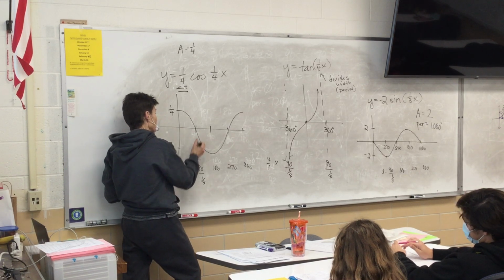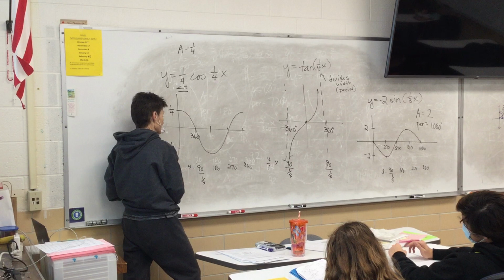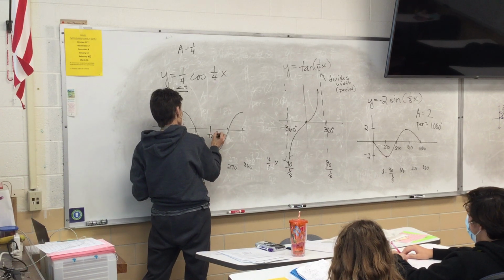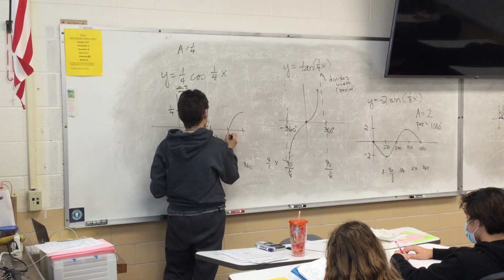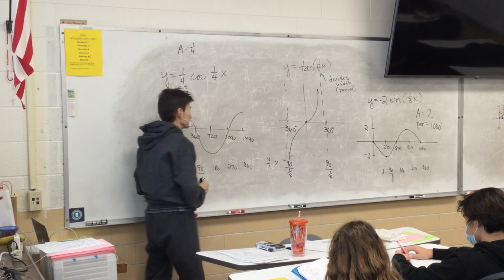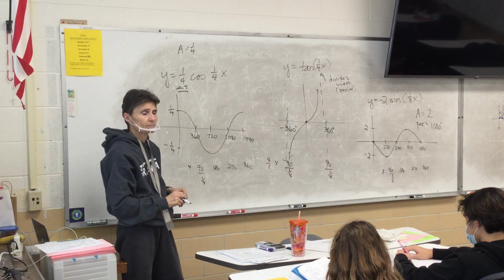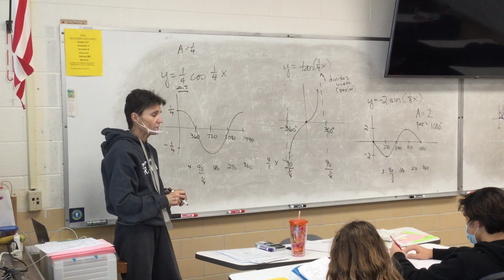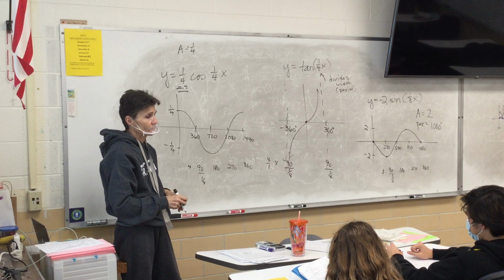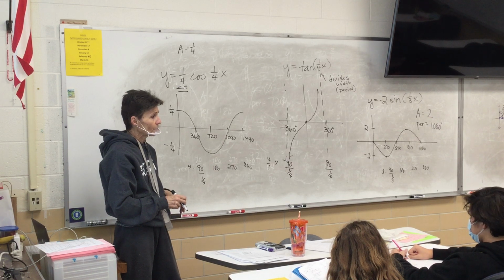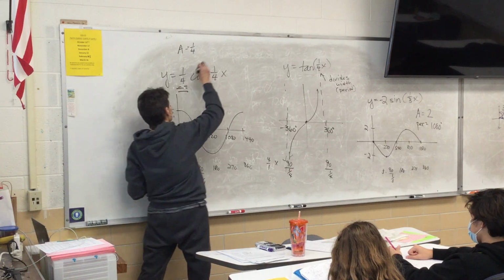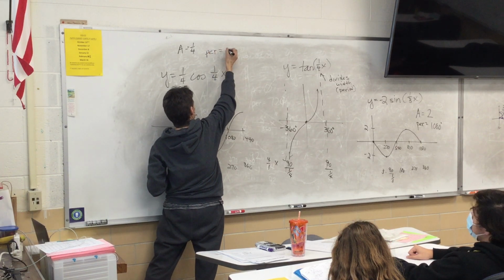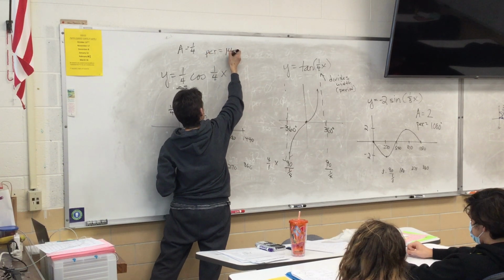Ooh, these are gonna get big. 360, 720, 1080, and 1440. You can use your calculator. Or not, whatever you want. So my amplitude is 1/4 and my period is 1440.